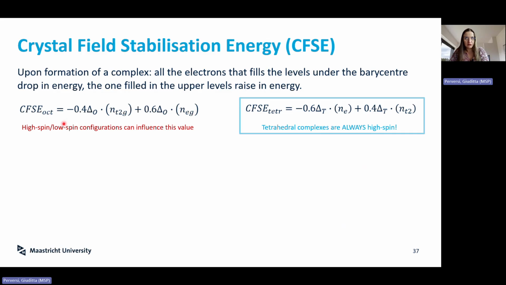How much of an advantage do you have? Well, it will depend on how many electrons you placed in which orbitals. So you would proportion the advantage with the number of electrons in the T2g set versus the number of electrons in the eg set, knowing that you are splitting this delta.